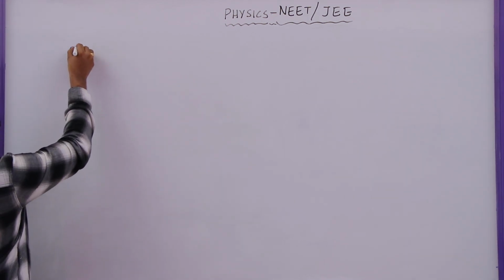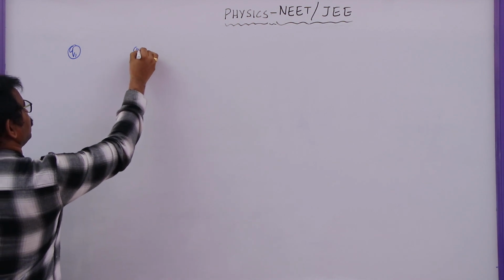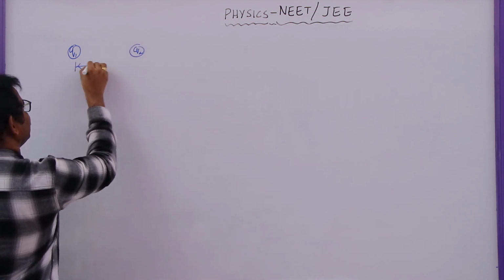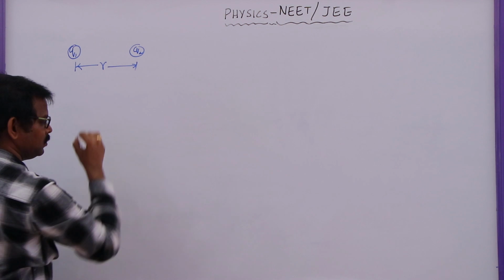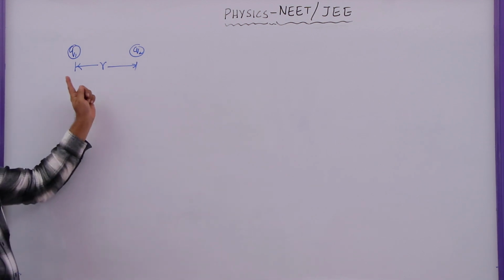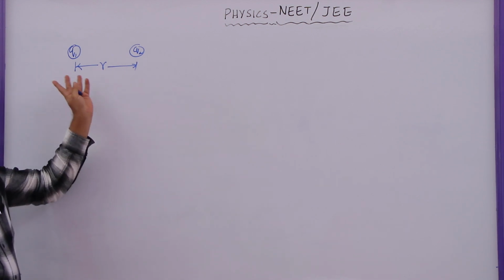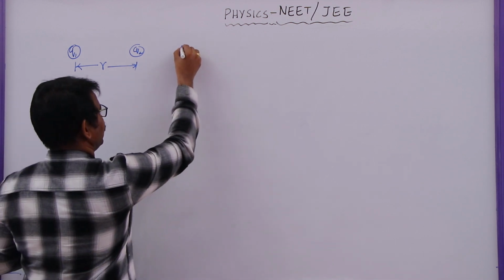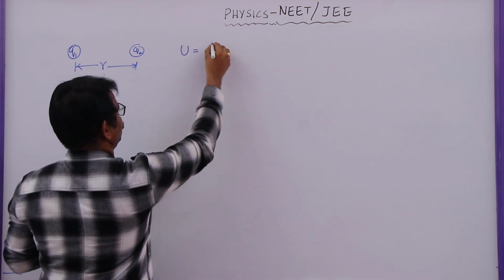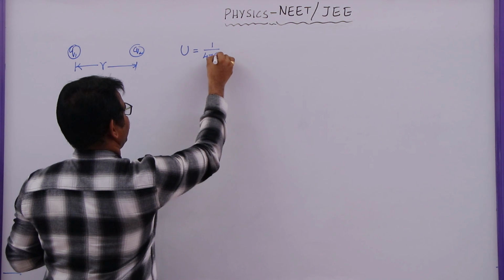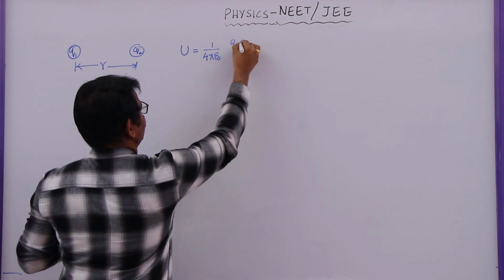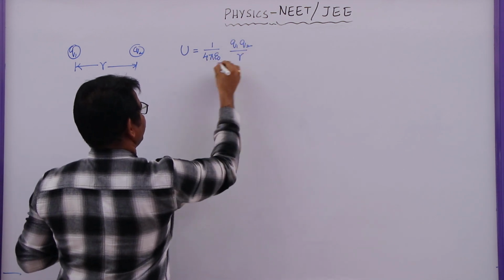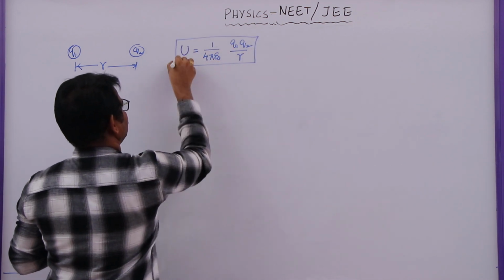If you take two charges Q1 and Q2 separated by some distance r, the electrostatic potential energy of the system of these two charges is U equals 1 by 4 pi epsilon naught times the product of the charges by the distance r between them.